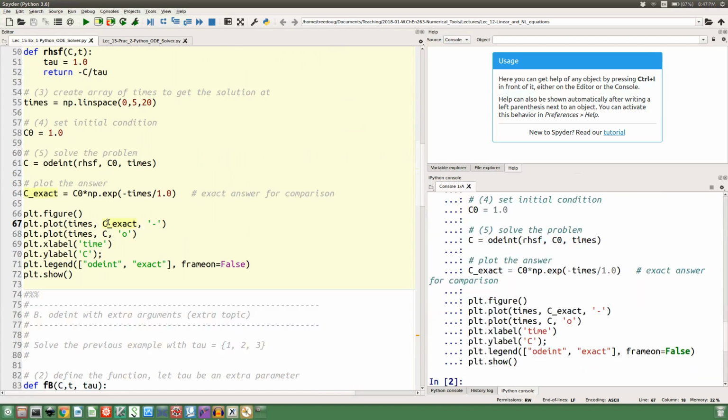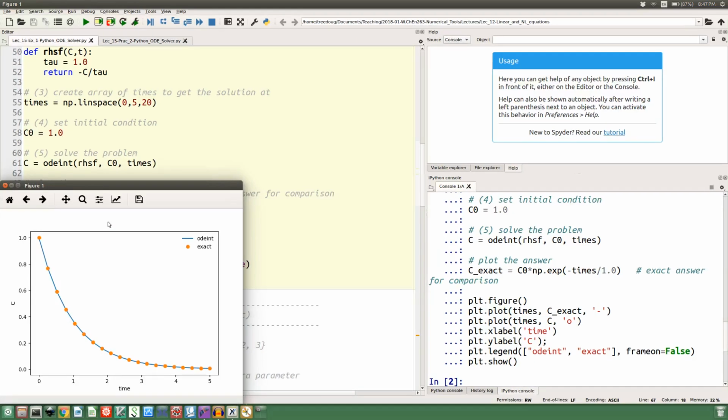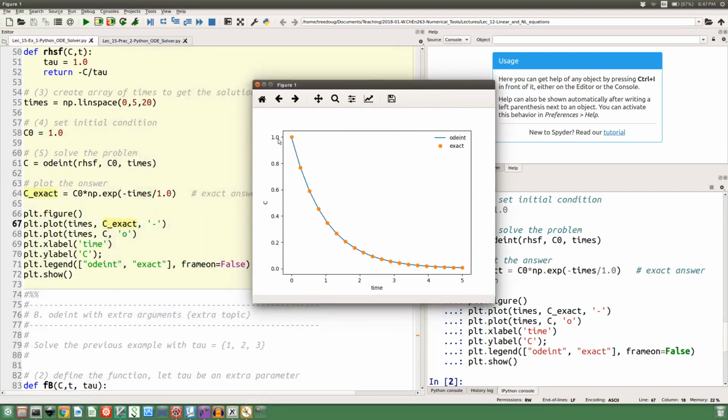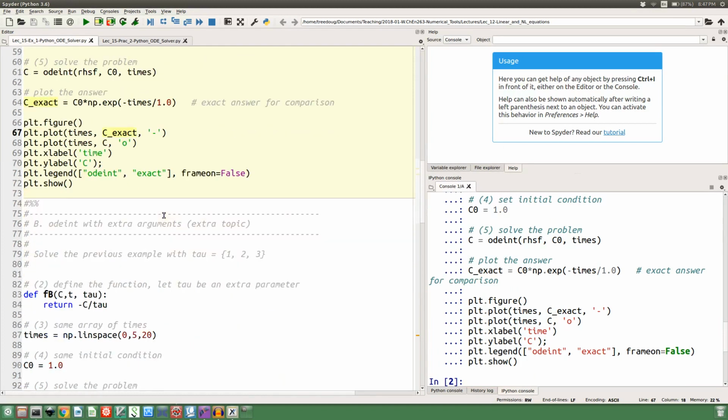I ran it, and now I can pull up the plot, and here's the plot right here. We see that we get an exponential decay starting at time equals 0, and our ODEint lines up very well with our exact solution.